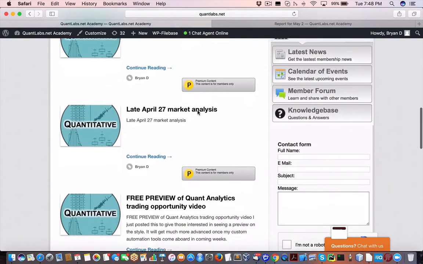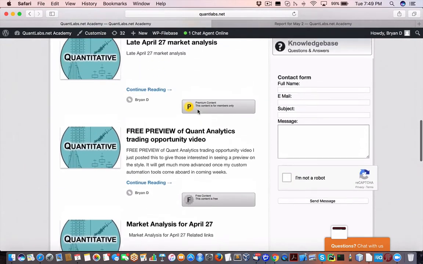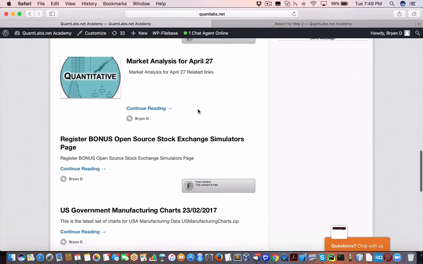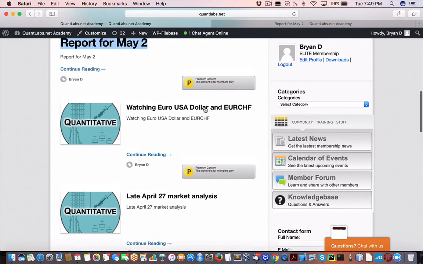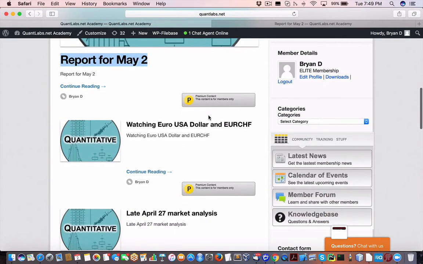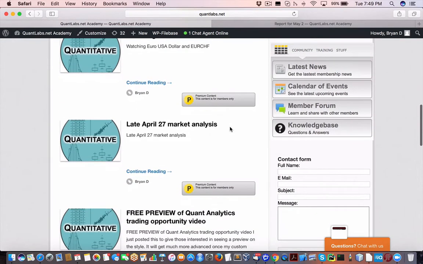So as you can tell from some of the topics or titles, we've got ones on lots of Forex currency stuff. That's the more popular one. In this case, watching the euro, US dollar, the euro, and the Swiss franc.